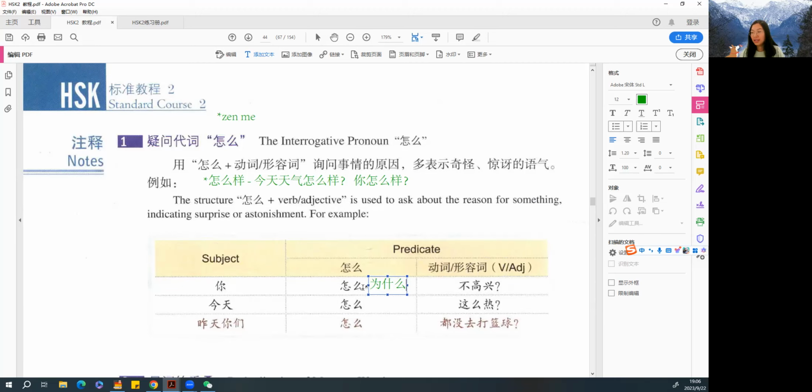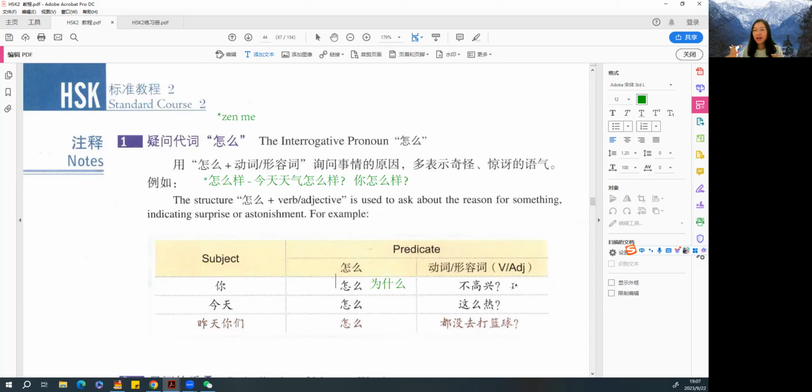So 你怎么不高兴 here means 高兴 is happy, right? So 不高兴 is not happy. Why aren't you happy? So here is why. Why question. We can of course ask 你为什么不高兴. They are totally the same, all right?